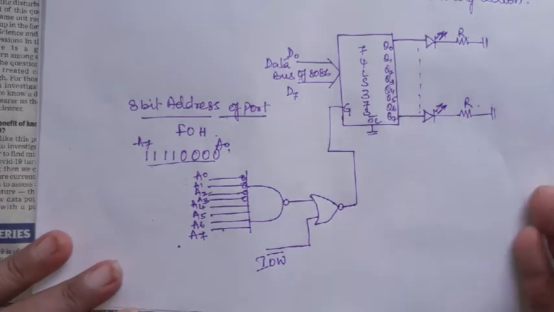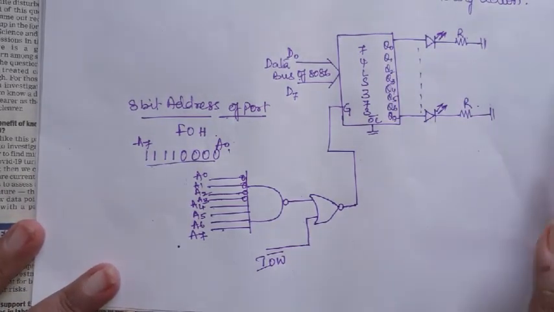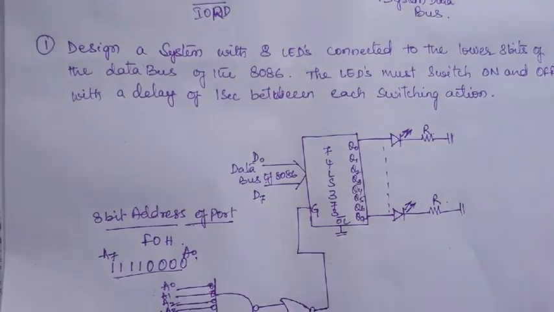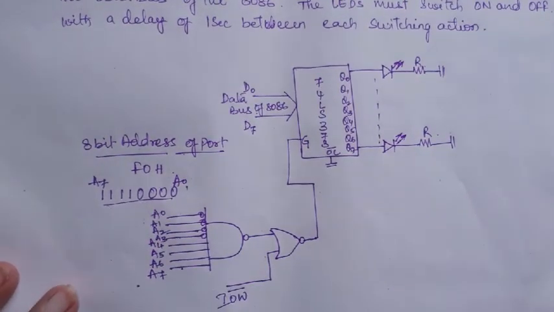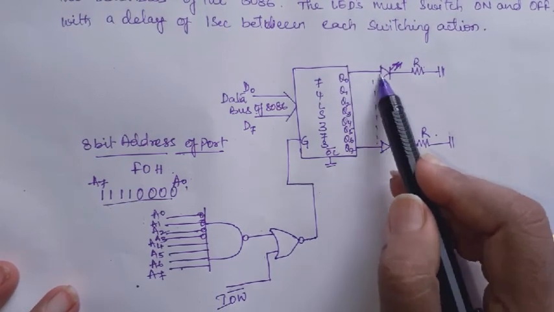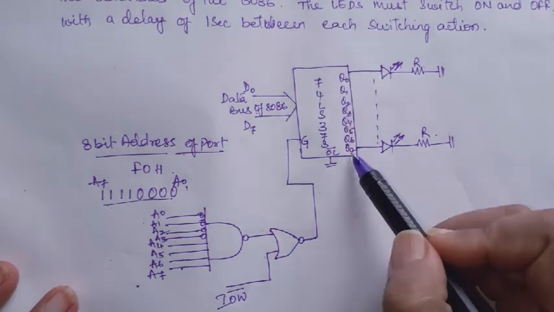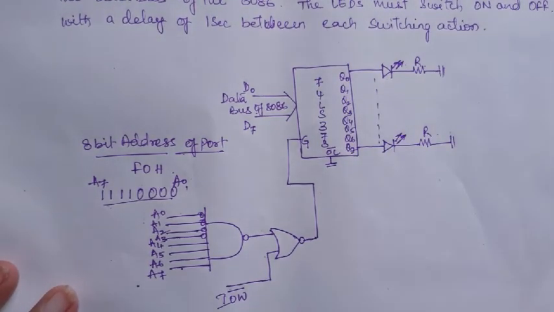Now let's write the program. Here it is given that the LEDs must switch on and off with a delay of 1 second between each switching action. So first we need to send data to switch on all the LEDs, because the positive is connected here. When all the outputs Q0 to Q7 are 1, the LEDs will glow.